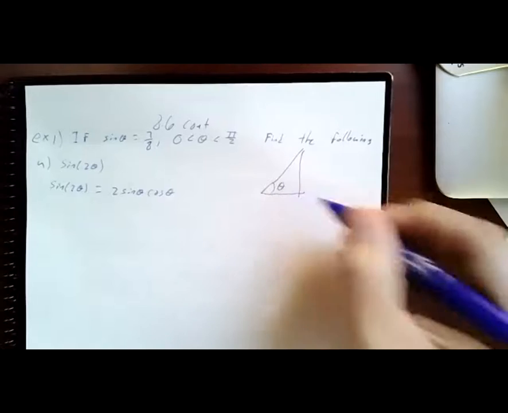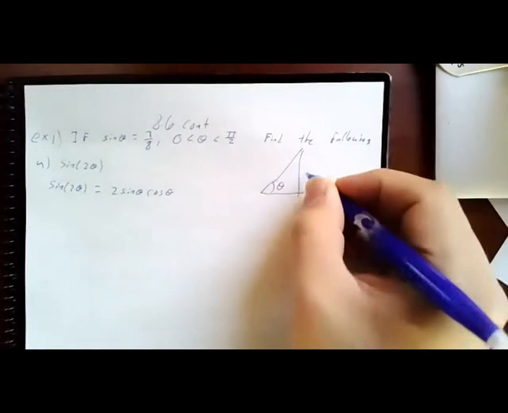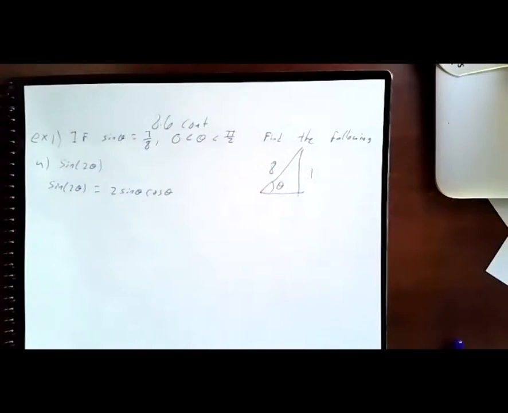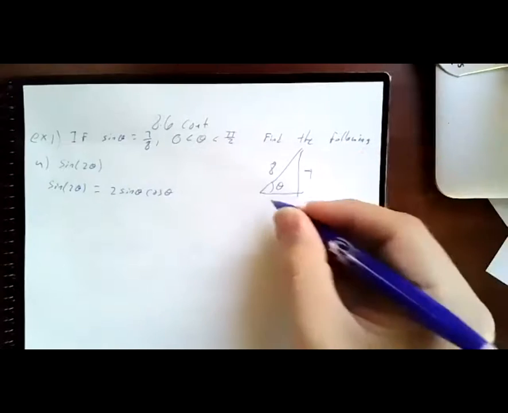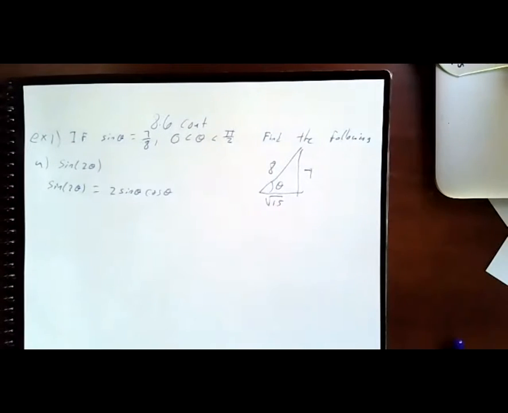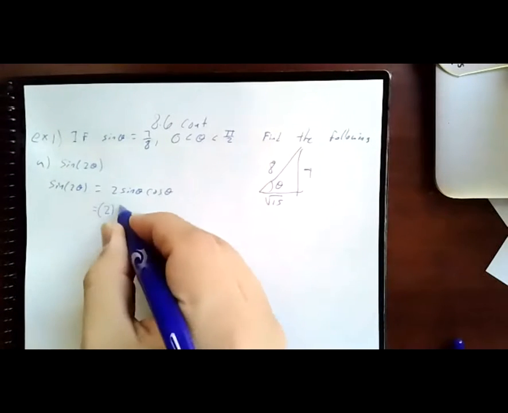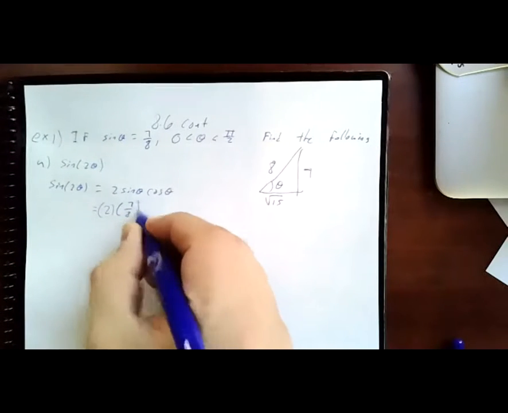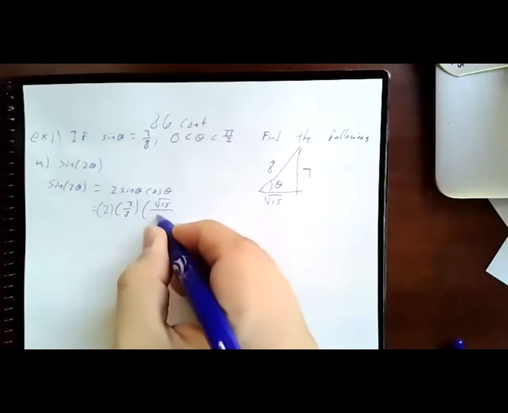That's an ugly triangle. They said that sine is 7/8, right? Doing the Pythagorean theorem, and I'm going to skip that step, you'll find this is square root of 15. So 2 times sine, which is 7/8, times cosine, which is square root 15 over 8.